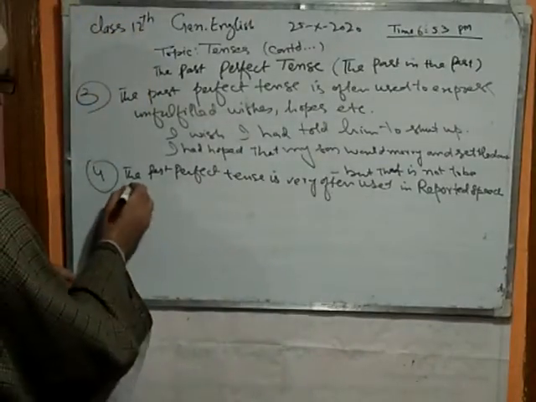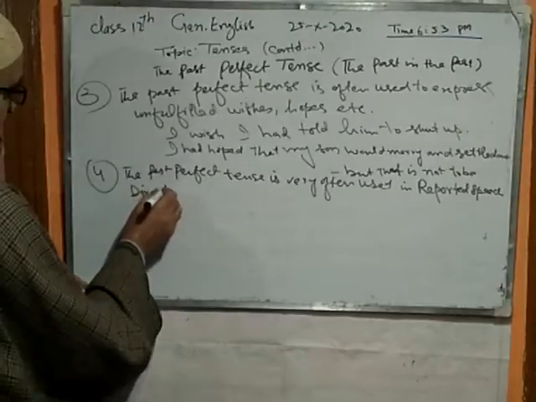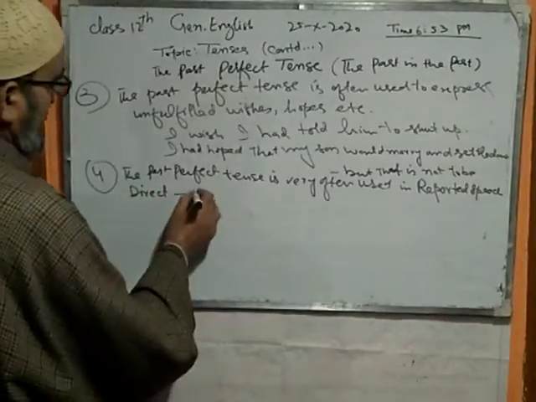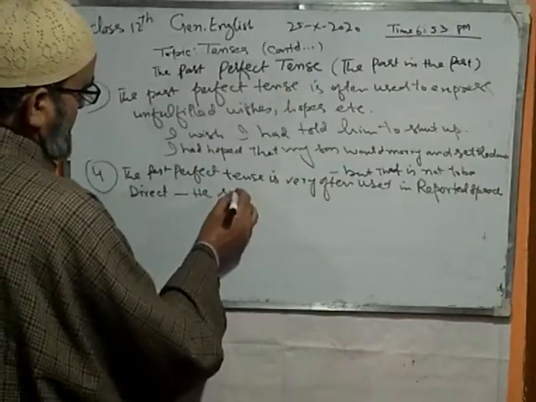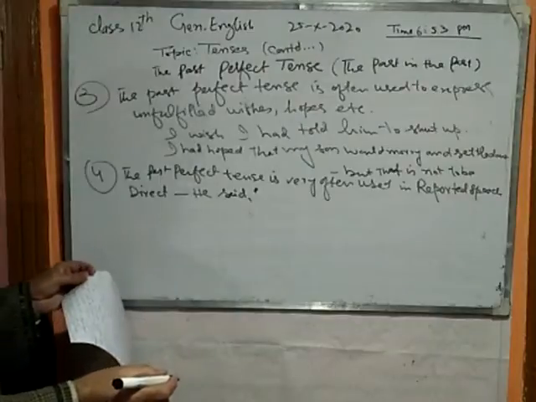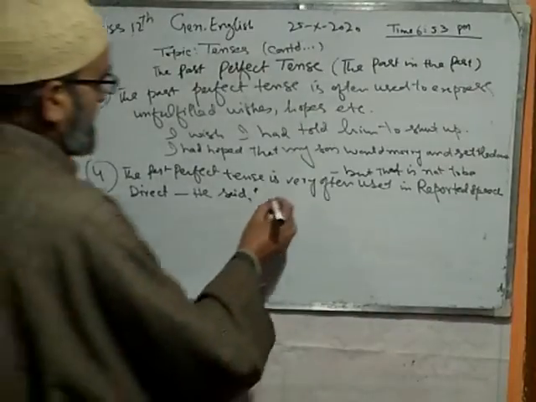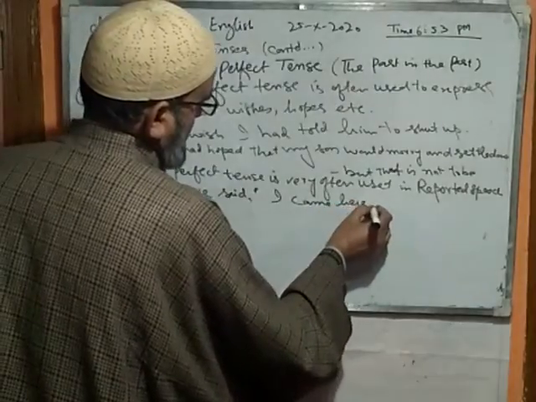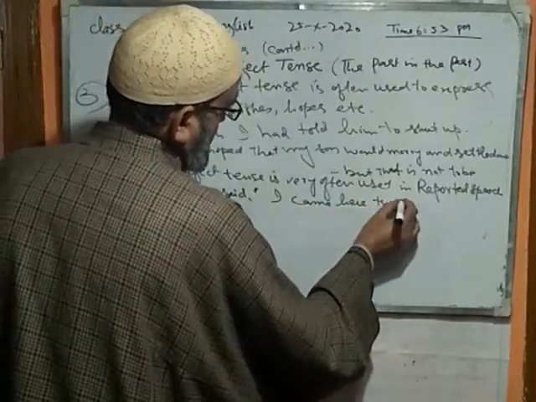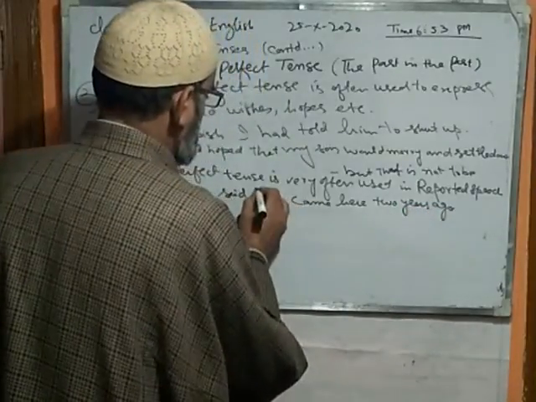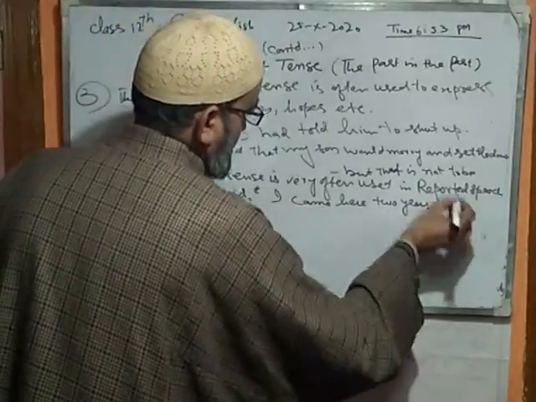For example, this is a direct sentence. Direct. He said, inverted commas begin, I came here 2 years ago. Yes, inverted commas end.